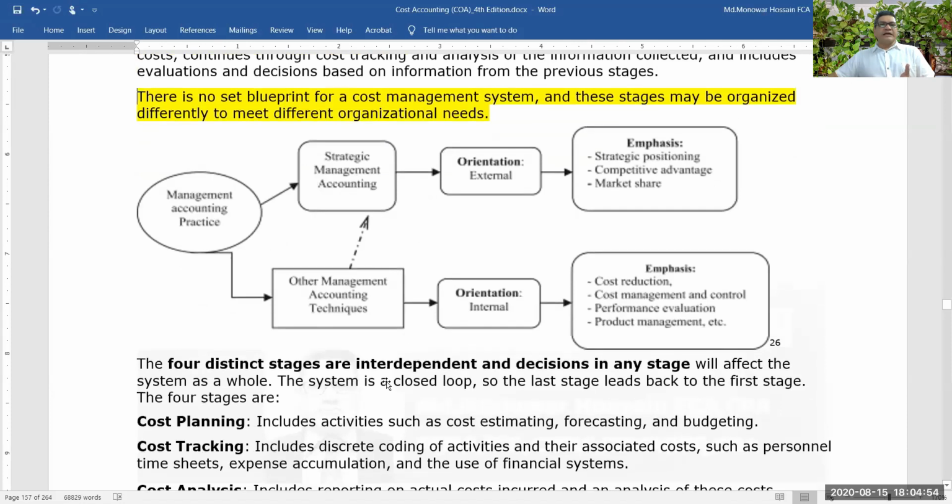So look, here are the management practices and strategic management accounting, with other management accounting techniques used here, and the orientation, external or internal.